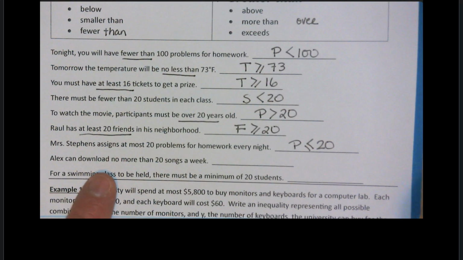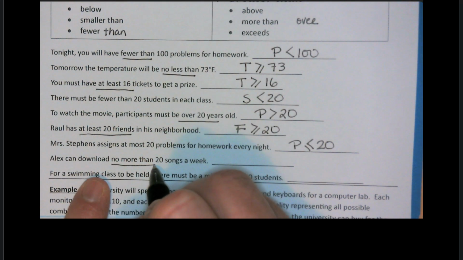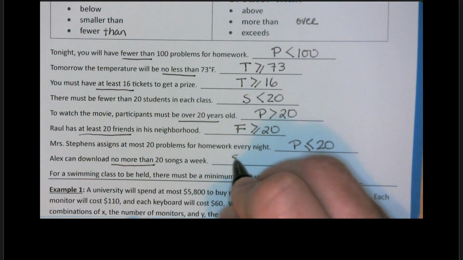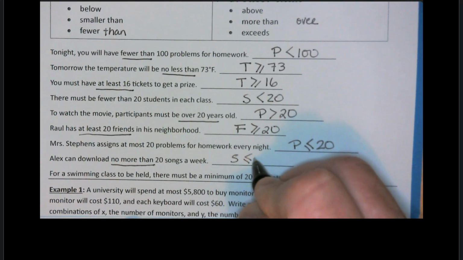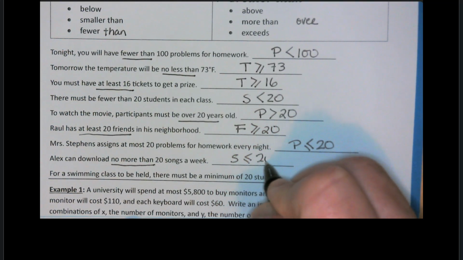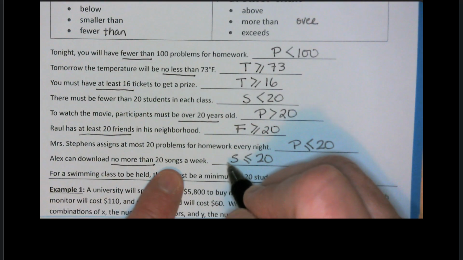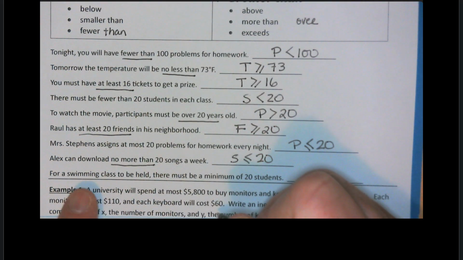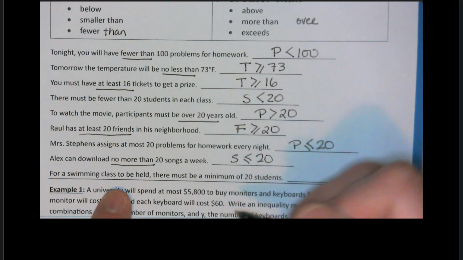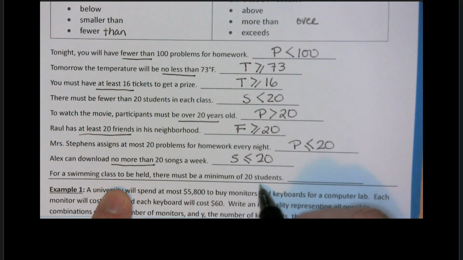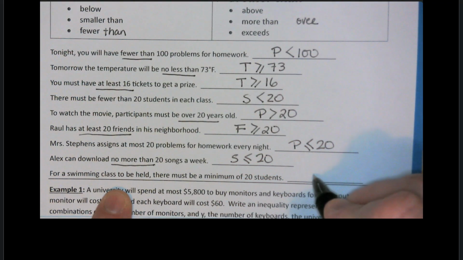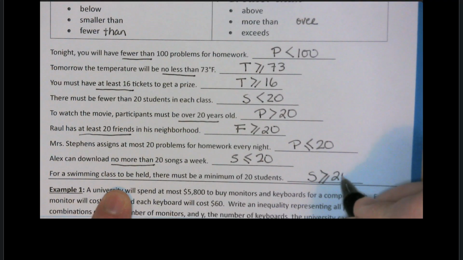Alex can download no more than 20 songs, so no more than would be less than or equal to 20, and the letter S represents songs. Next one, it says for a swimming class to be held, there must be a minimum of 20 students. So S would be students, greater than or equal to 20.